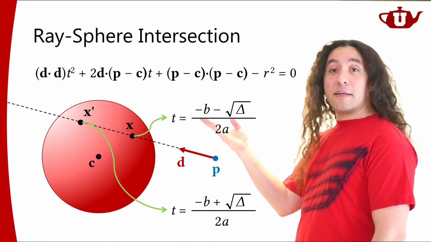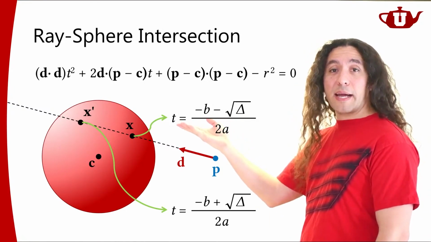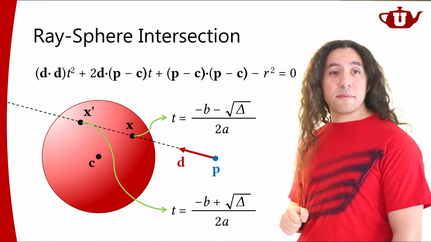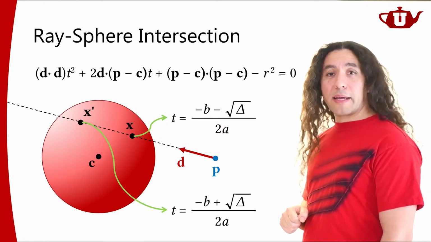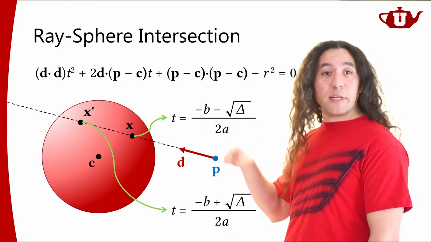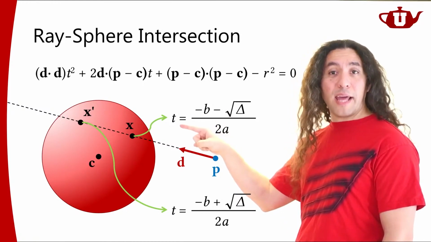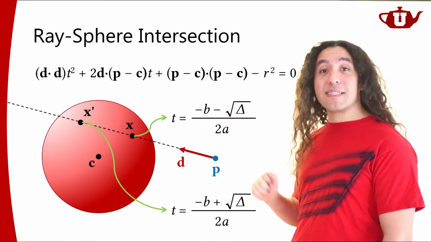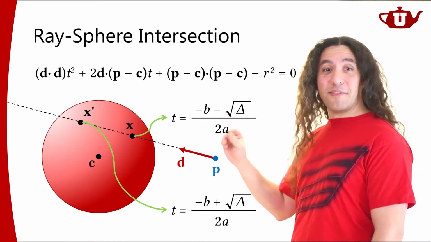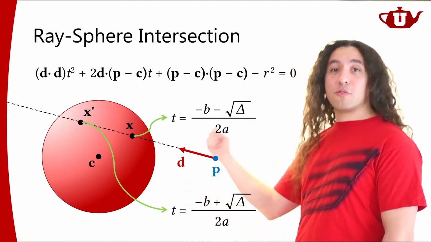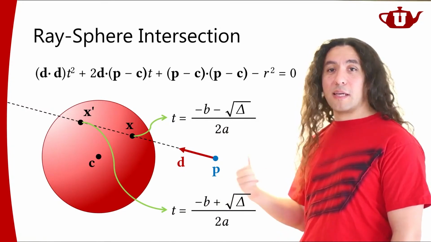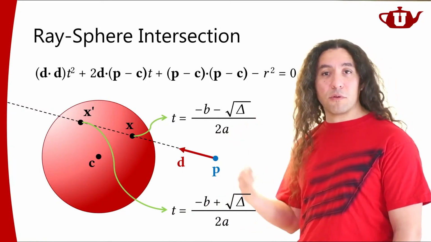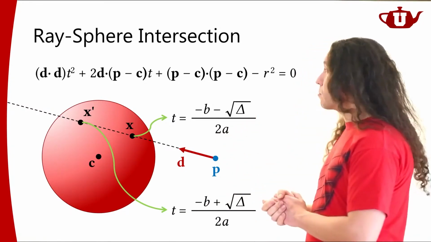And if I know t, then I can compute this point x easily. And I can compute the surface normal at that point x, right? The surface normal at that point x is going to be in the same direction as x minus c. The vector from the center to the point x on the surface is going to be my surface normal vector for the sphere. So I'm all done.